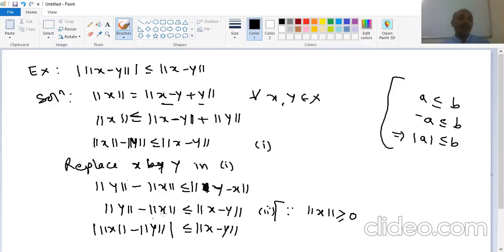If we take a common from these two, that is minus of norm x minus norm y, it is a and this is minus a. So a is less than or equal to norm of x minus y and minus a is less than or equal to norm of x minus y. So obviously mod of norm of x minus norm of y is less than or equal to norm of x minus y. This is the next result.